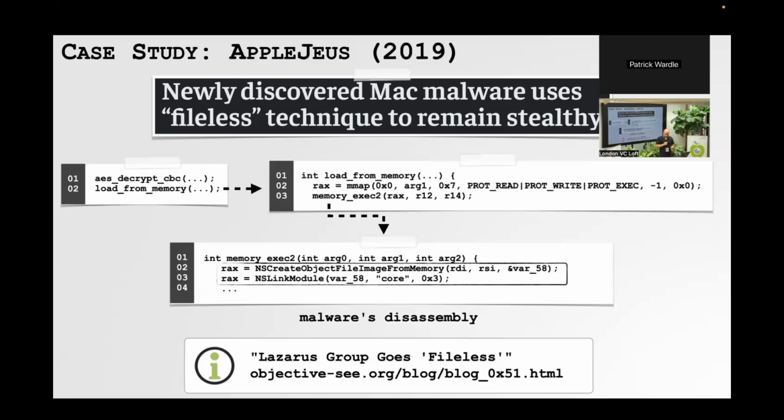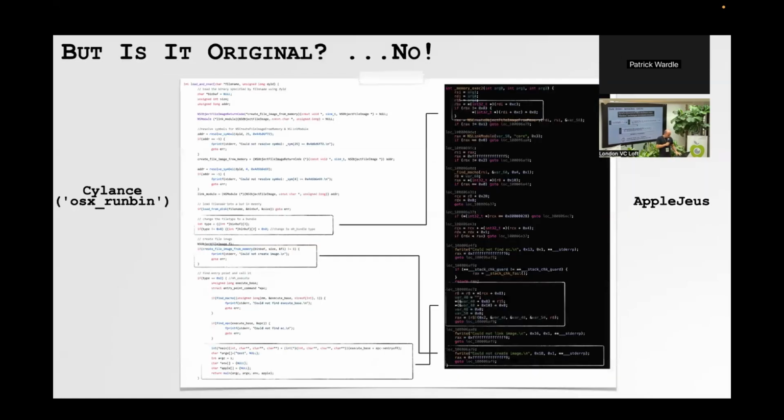If you want to read more about that, there is a blog post about that. But I was looking at that closer and I was like, you know what? I think I've seen this before. And sure enough, a few years before, Cylance, a cybersecurity company that got acquired, I think, by BlackBerry, so they don't exist anymore, did some research and published how to do in-memory code execution. Really not that novel because Apple had also originally released code. But the interesting thing was it brought a little bit more public attention to this technique.